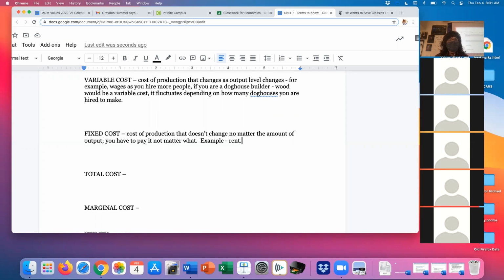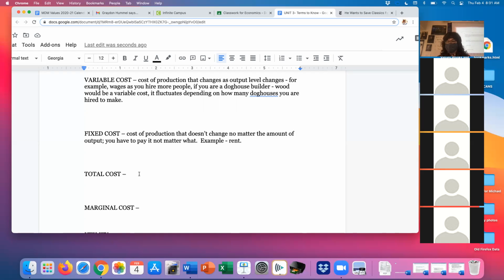I don't know. Okay, but we're talking about costs, guys. So again, a fixed cost doesn't change. It doesn't depend on the amount of output, how many things you're producing. Variable cost does. Okay, now total cost is variable cost and fixed cost, right?